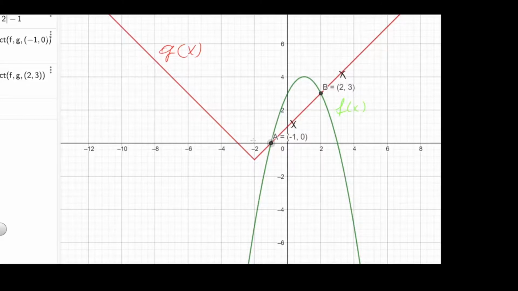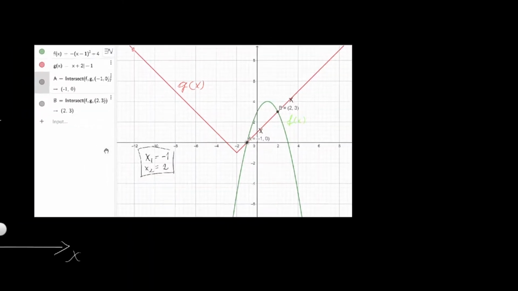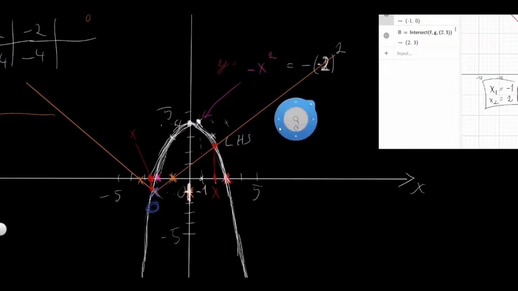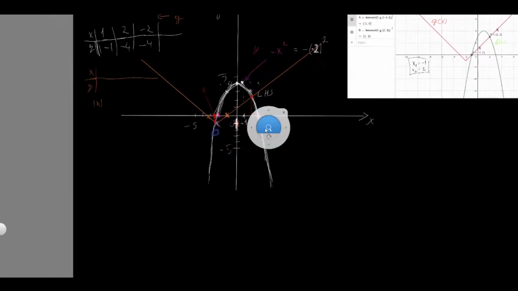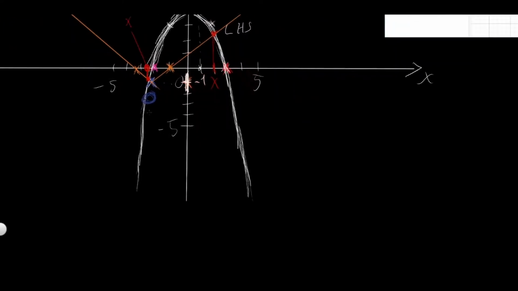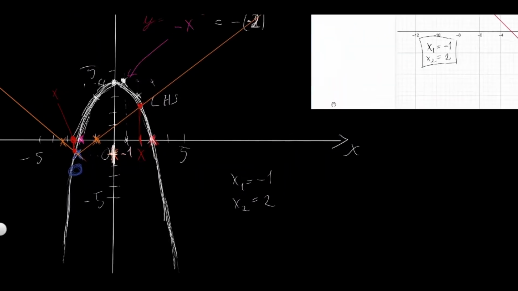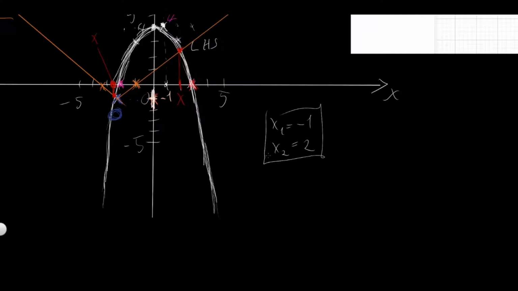So one solution is -1, and the other solution is +2. And that's it. This is the solution. My illustration is not that nice, but it is similar. So solution 1 is -1, solution 2 is 2, and we are done.